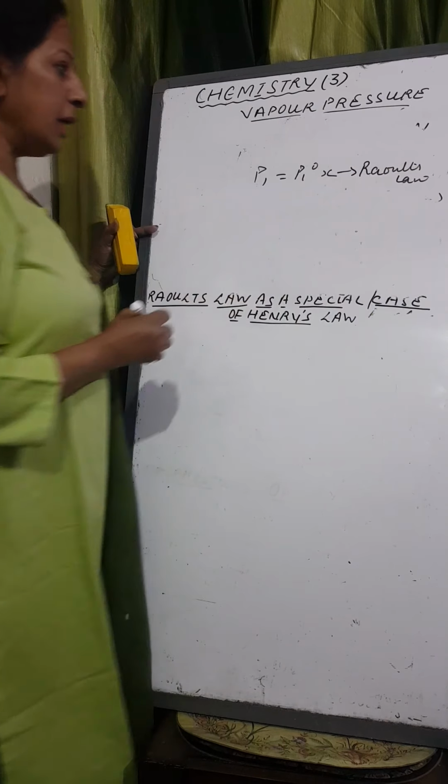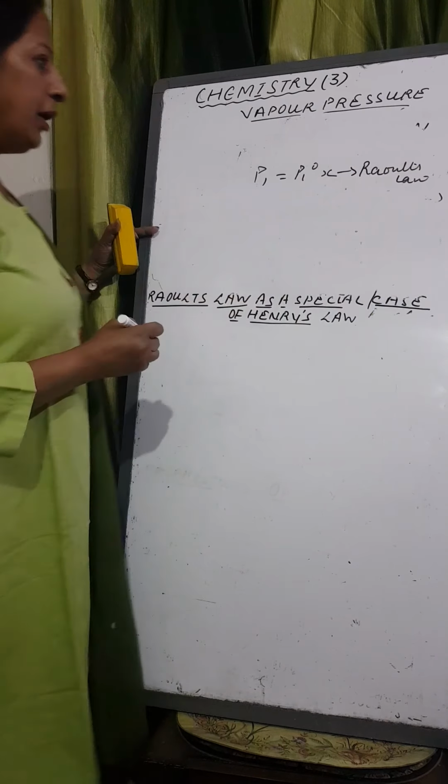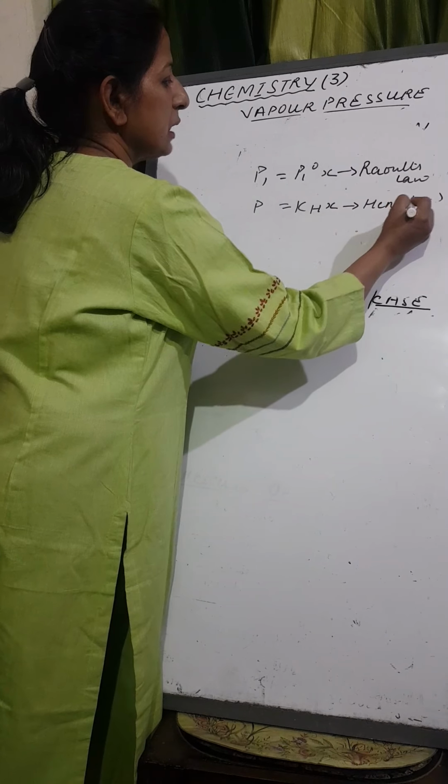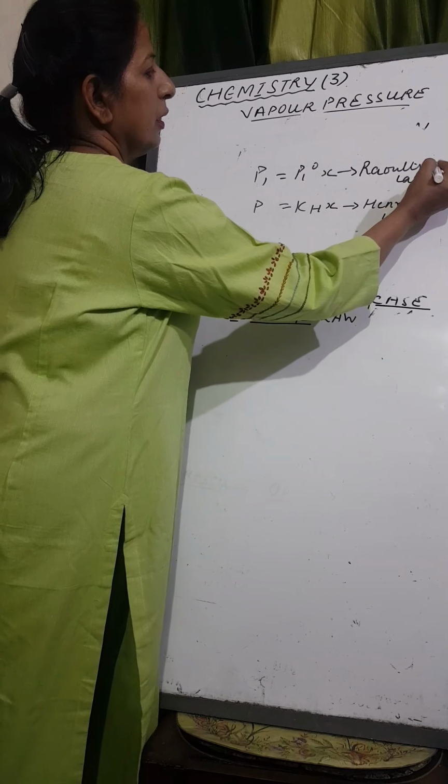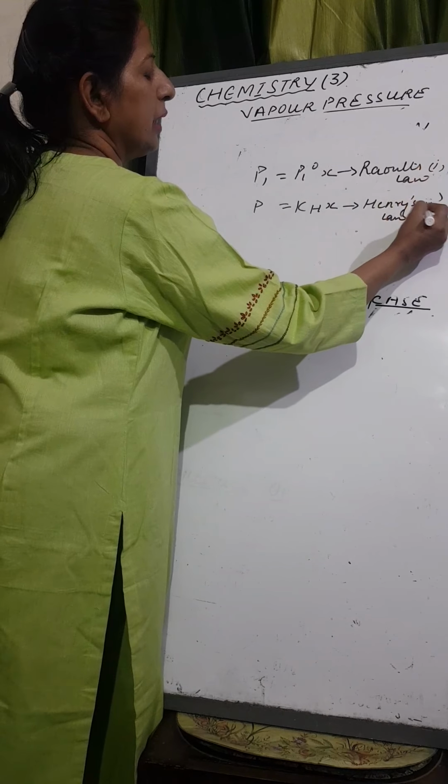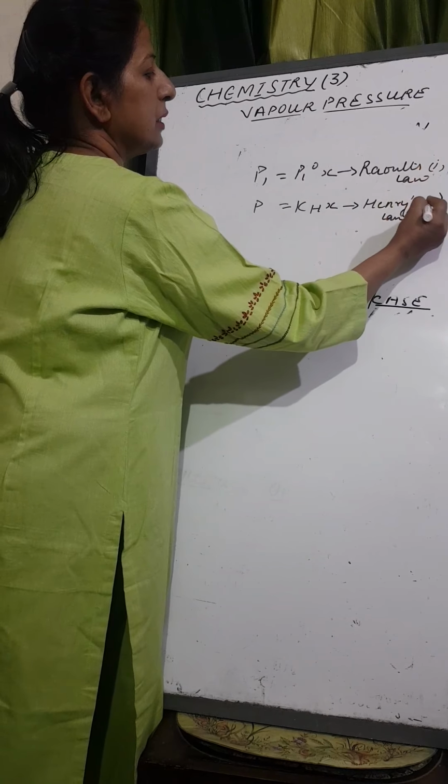Now, what is Henry's law? Henry's law gives the relationship between the vapor pressure of the gas, that is the volatile component, and its mole fraction. So mathematically, this is Henry's law. This is expression 1 and this is expression 2. Just compare the two expressions.